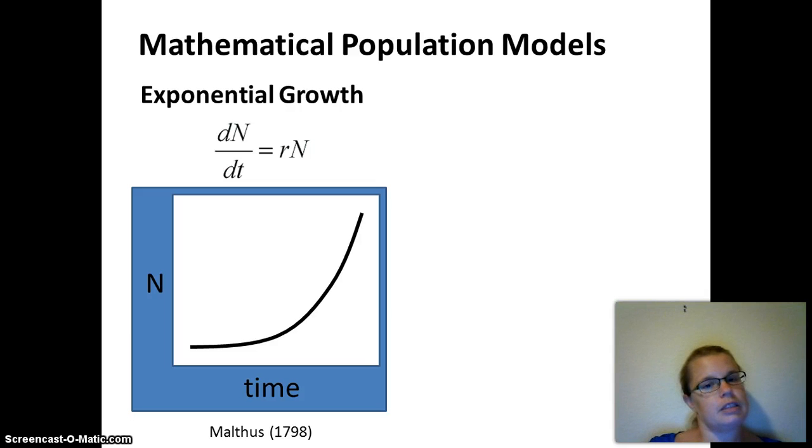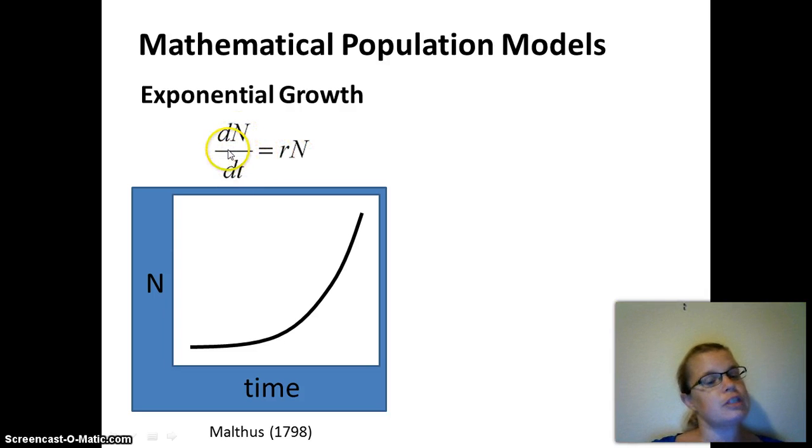Okay. So what mathematical population models do we use? Well, you've all heard of exponential growth, where the rate of population growth is directly proportional to the population size, because the per capita population growth rate is a constant.